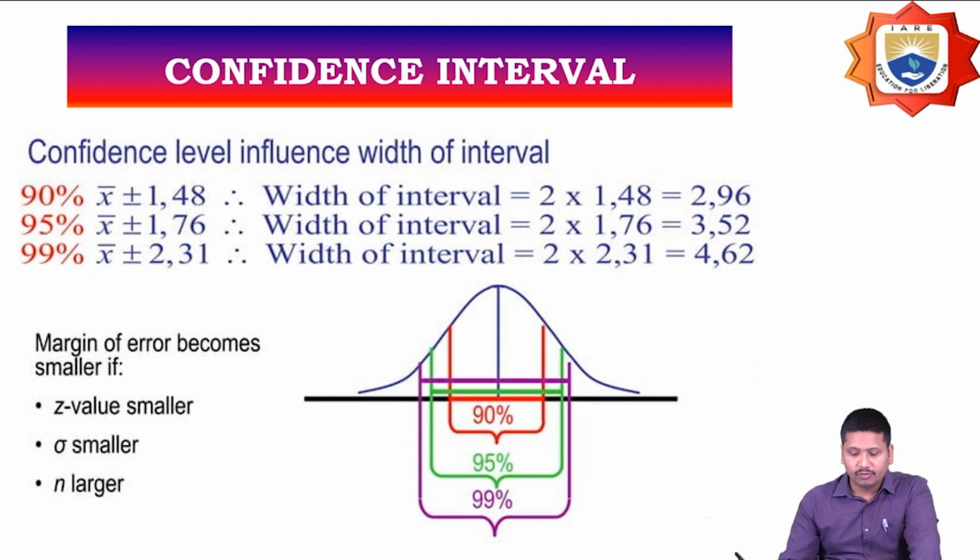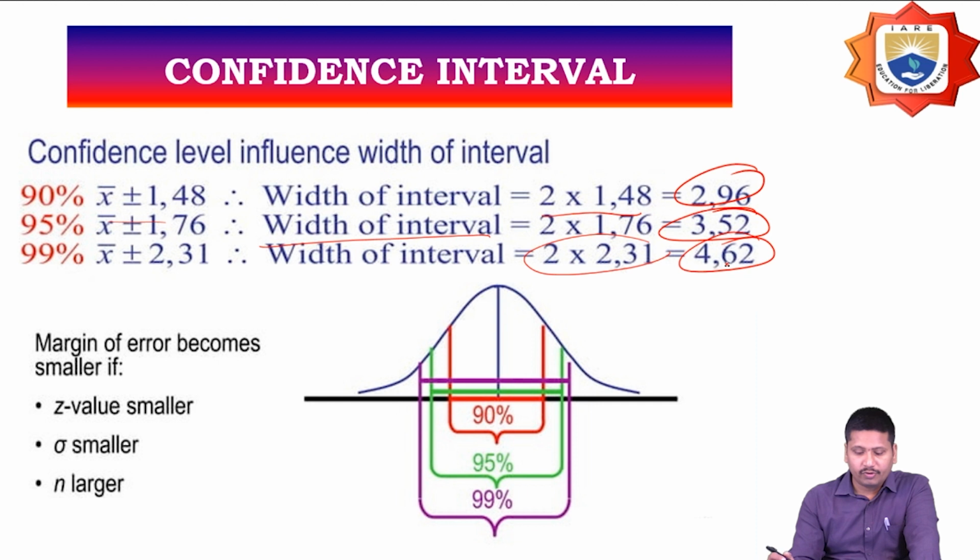So how much width we have to consider: x bar plus or minus the width of the interval, which I'm going to type as 2 into 1.48, so 2.96. For 95%, the width of the interval is 2 into 1.76, which is 3.52, and for 99% the width of the interval is 2 into 2.31, which is 4.62.